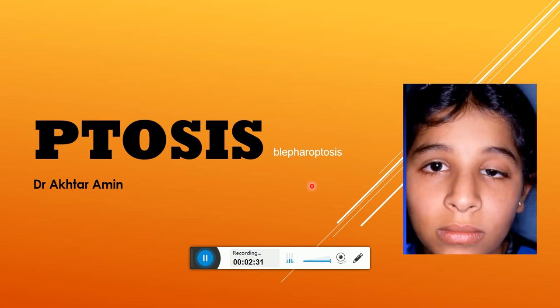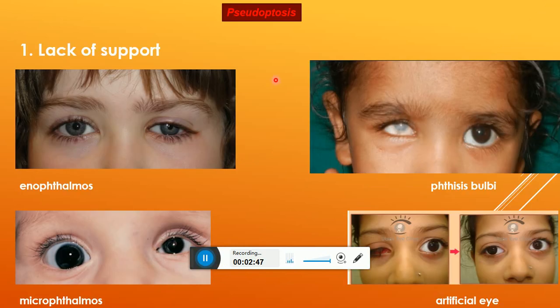It is also important to inquire about symptoms of possible underlying systemic disease, such as associated diplopia, variability of ptosis during the day, and excessive fatigue. Another important thing to exclude is pseudoptosis, a false impression of ptosis, before proceeding to ptosis surgery.